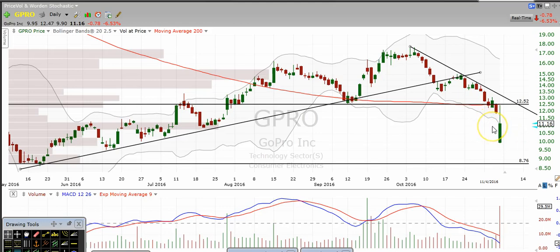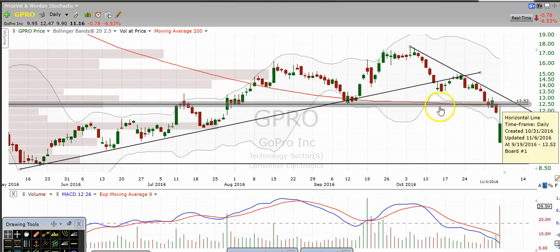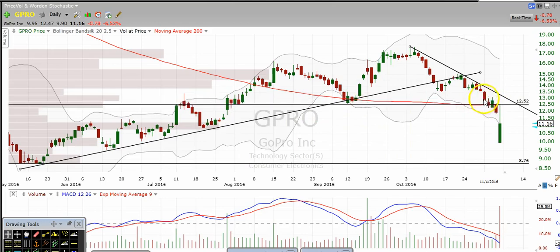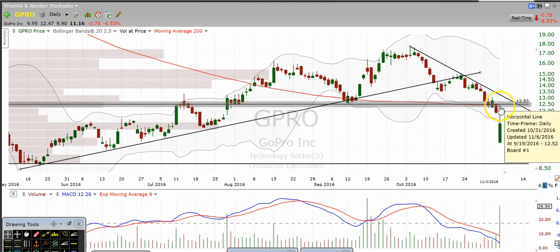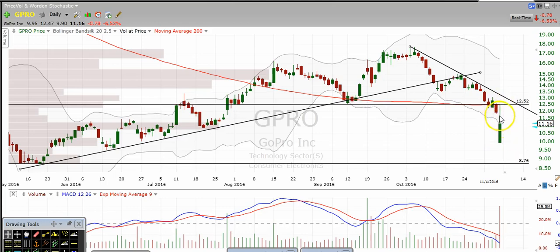So now what do we do with GoPro? Well, GoPro is not looking great, obviously, and we can use this 12.50 level as a level to trade against. It was a key support. You can see it bounced off of it right here several times. It held for a couple of days, and then it broke below it. So this is a key level. Also, on Friday, we gapped down, came back up to that 12.50, and look at where it got rejected, at the high of the day at 12.50.